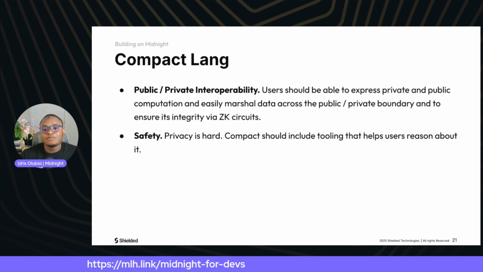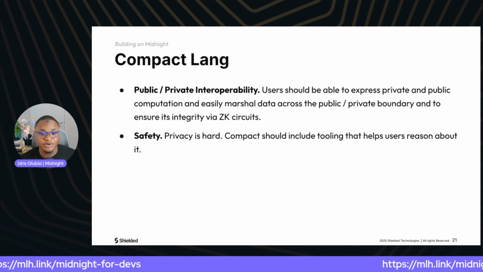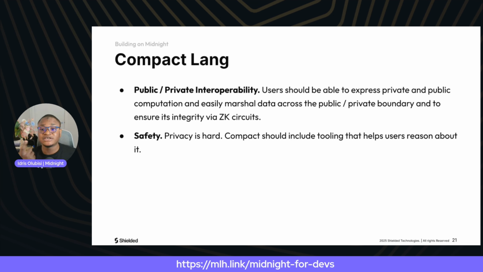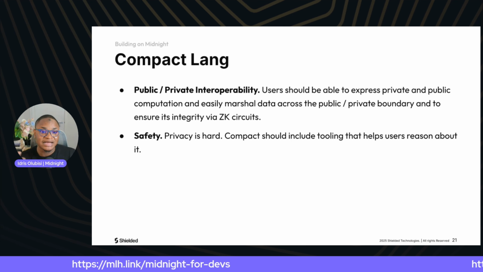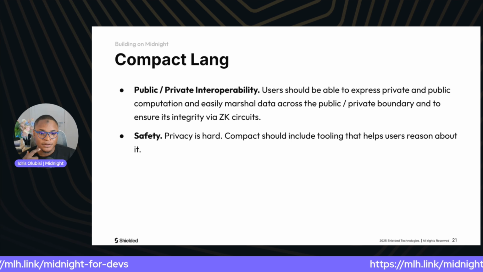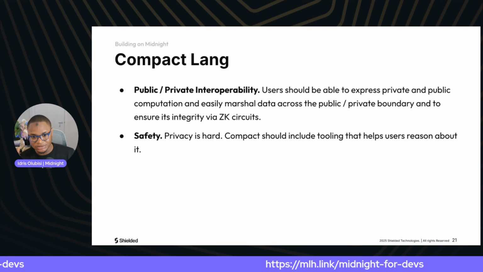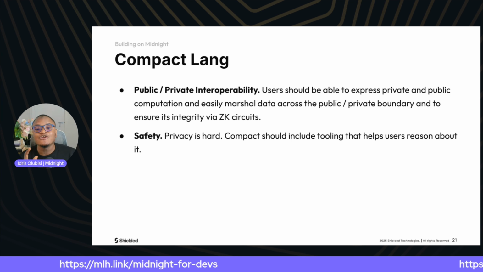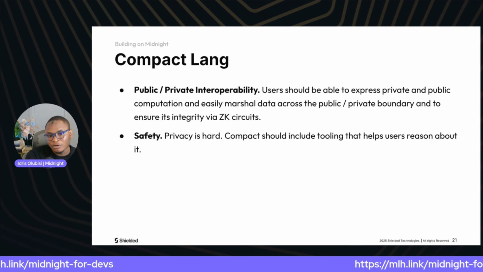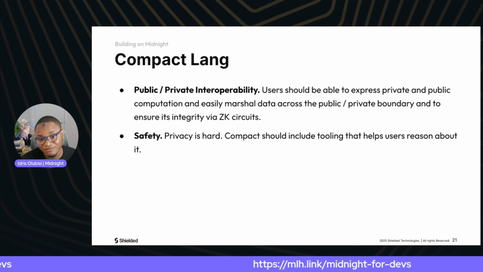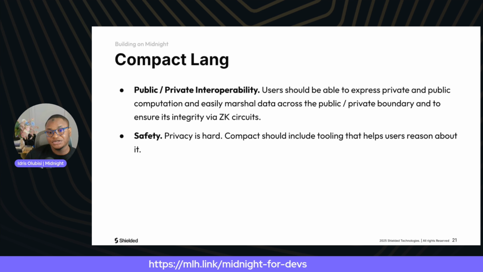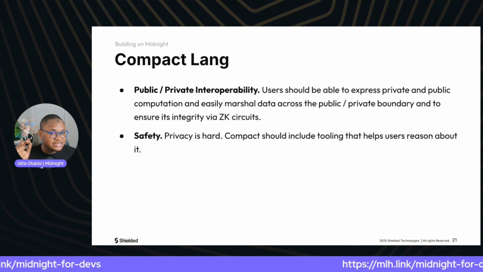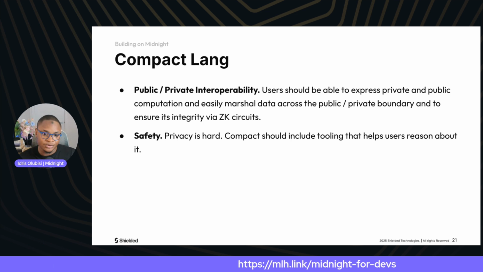One concrete example is if you try to use a private witness value in a conditional statement without explicitly marking it as disclosed, the compiler will refuse it. This basically forces you to acknowledge that, yes, I know the comparison is going to leak one bit of information about the private value. That's the kind of guardrail you want when you are building privacy software, because the cost of getting it wrong is very, very real.